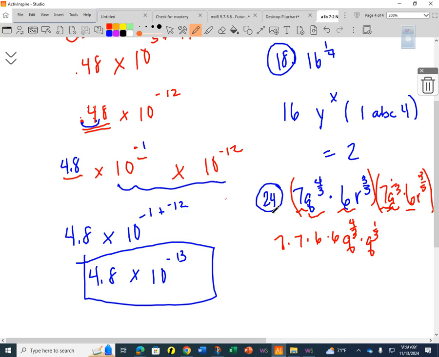It's a good idea to mark things when you're rearranging, to make sure you don't forget something. Now, times r to the 3/5 power times, oh, that's a 1/5 power there. Make sure you wrote the problem correctly because your teacher did not. Times r to the 1/5 power.